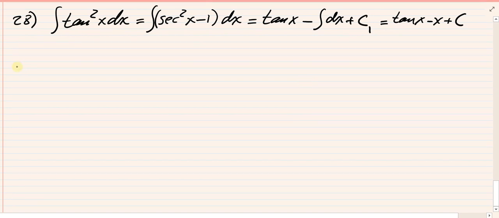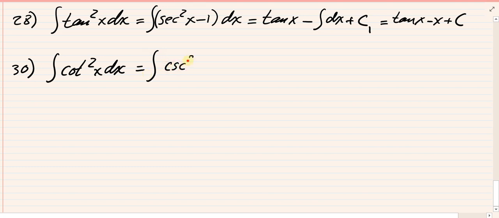In number 30, we have the integral of cotan squared x dx. And now for this one, we can write it again just like we did for tan squared. We write this as cosecant squared minus 1 dx.